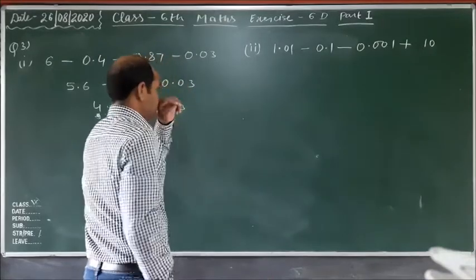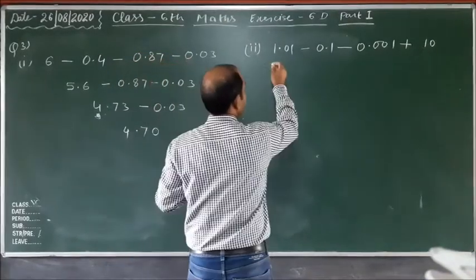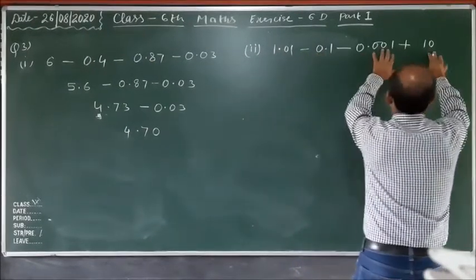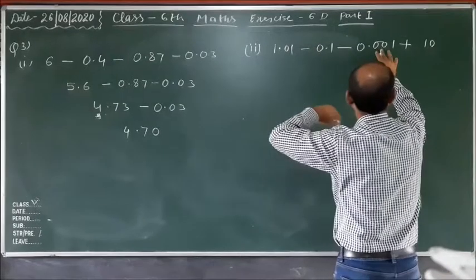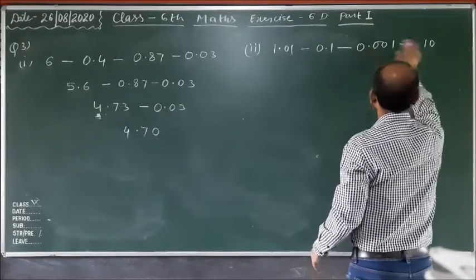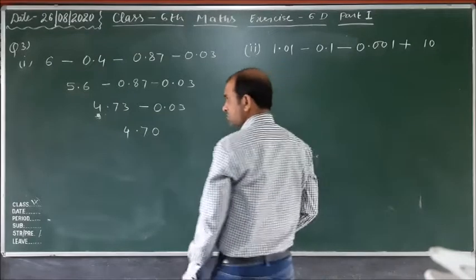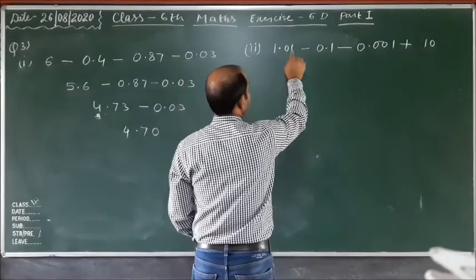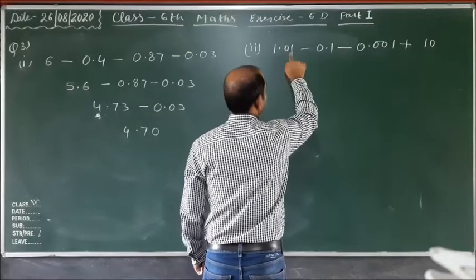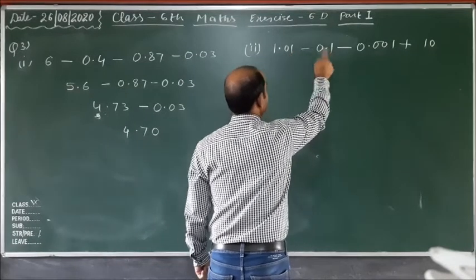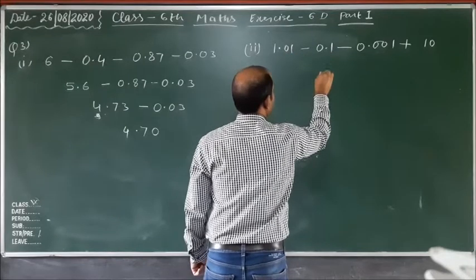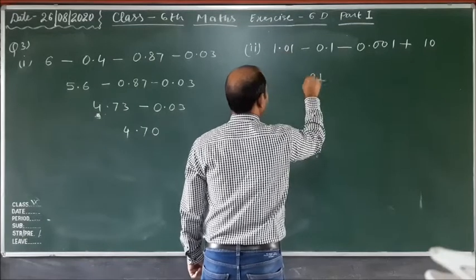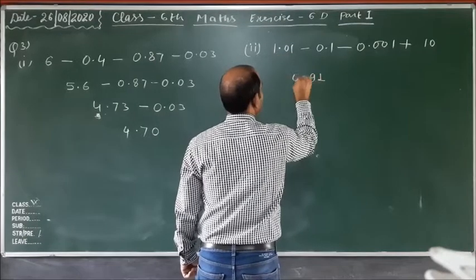So dear children, first we subtract this number, or you can also add this number, but the sign of this number is minus, so plus minus minus. So dear children, we solve this number to this number, this is in the 10th place and the 100th place, so we write here 1. Here 9, 10 minus 1 equals 9 and here 0.